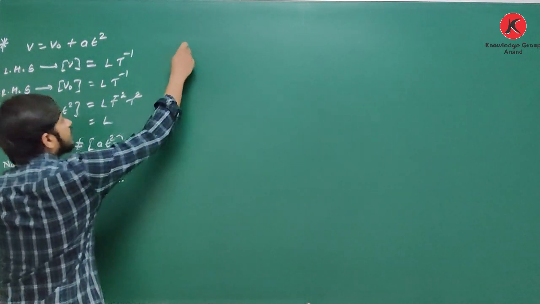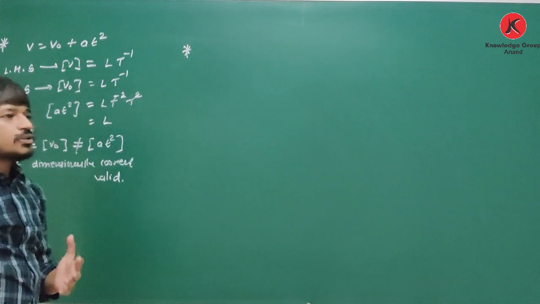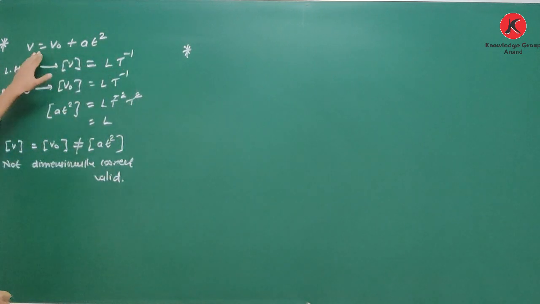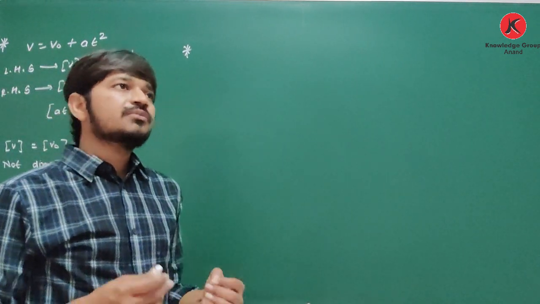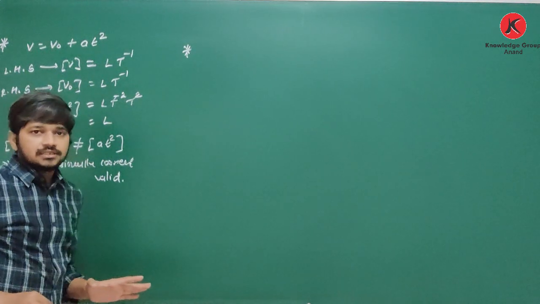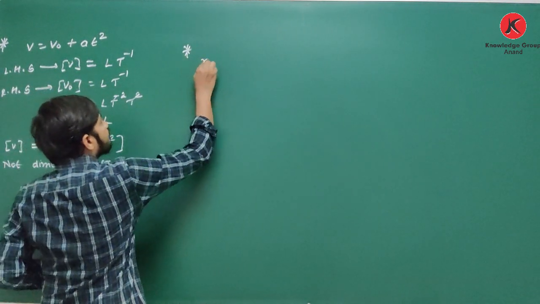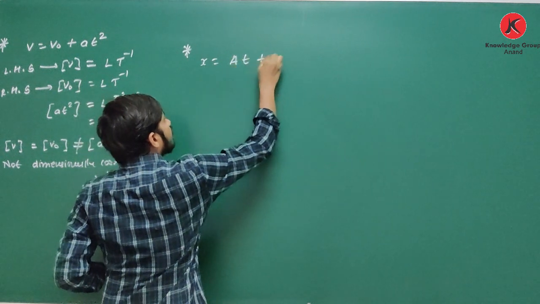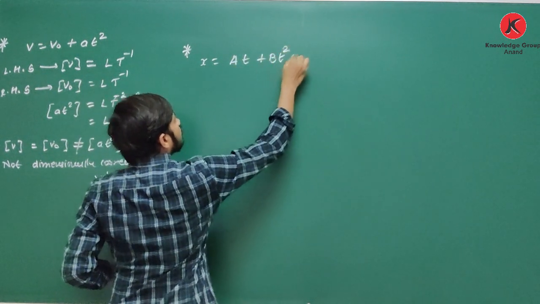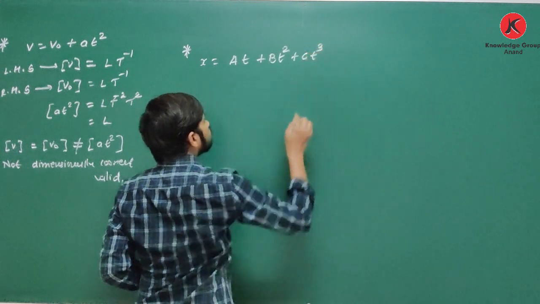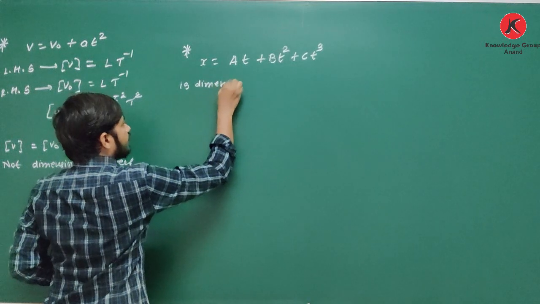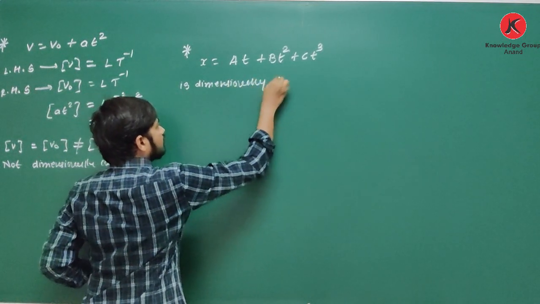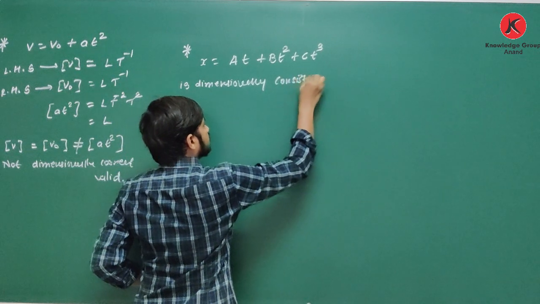Now there are some other types of questions. Here you are given an equation and you have to check consistency, whether it is dimensionally consistent or not. But if you are given an equation directly and told it is dimensionally consistent, for example: x is equal to A plus Bt square plus C, is dimensionally consistent.